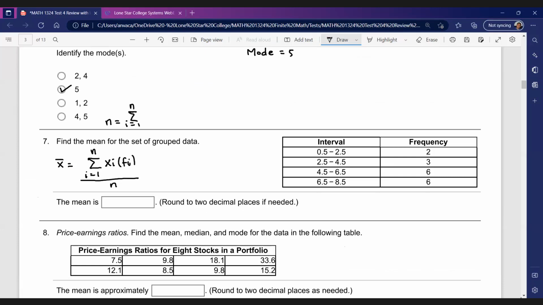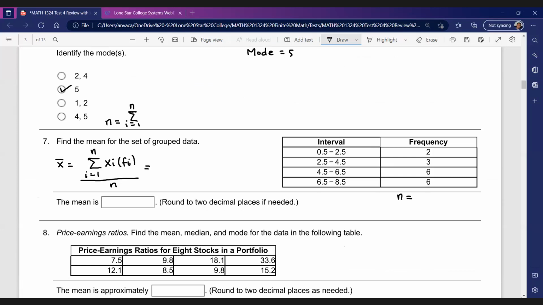Unlike the previous example, we need to find the midpoint of each one of these intervals, multiply them by the frequency, and then add them all up and then divide by n. Let's get the easy part out of the way.